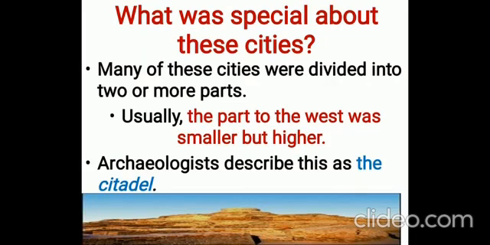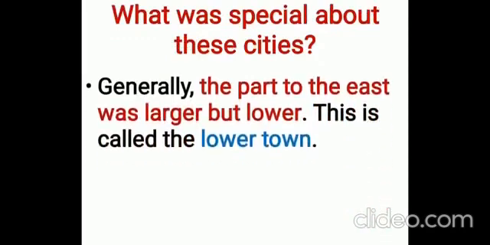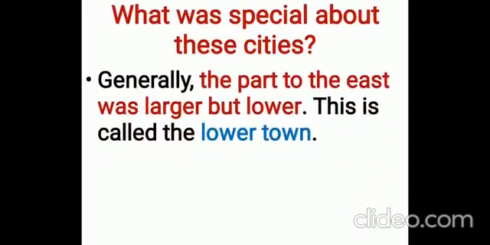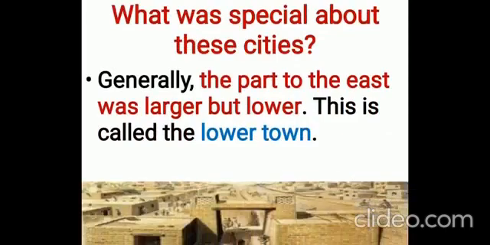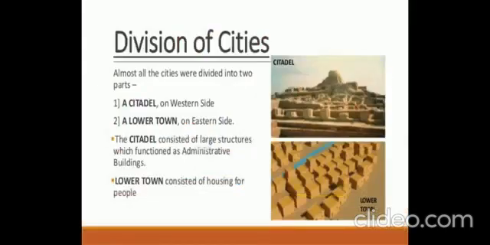So many of these cities were divided into two or more parts. Usually the part to the west was smaller but higher. Archaeologists describe this as the citadel. Generally, the part to the east was larger but lower. This is called the lower town, where usually the people of the city lived.